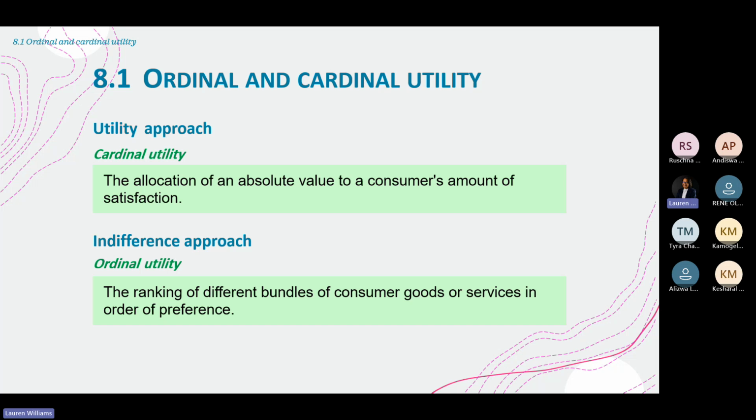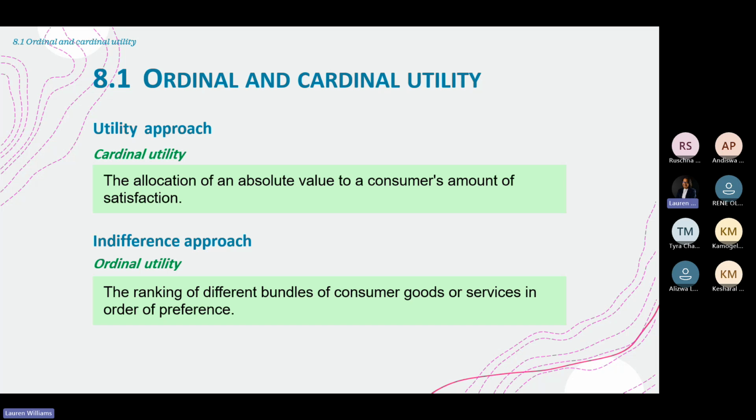So in order of preference, my junk food will be higher because I derive a greater level of satisfaction from those products, even though we are all adults and we need to consume fruits and vegetables because we want to be healthy human beings. They will be on our list, but a little lower, if not in the middle of our list. So are you able to rank these different bundles of products in order of your preference?